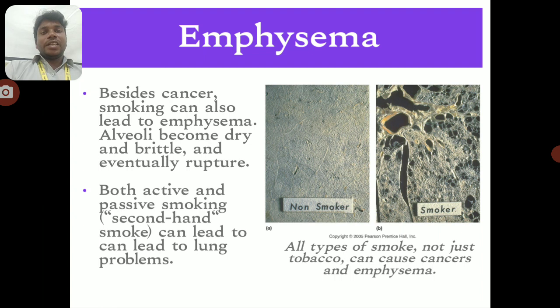Alveoli become dry and brittle and eventually rupture. Both active and passive smoking, secondhand smoke, can lead to lung problems. The two diagrams represent a non-smoker's lung structure and a smoker's lung structure.